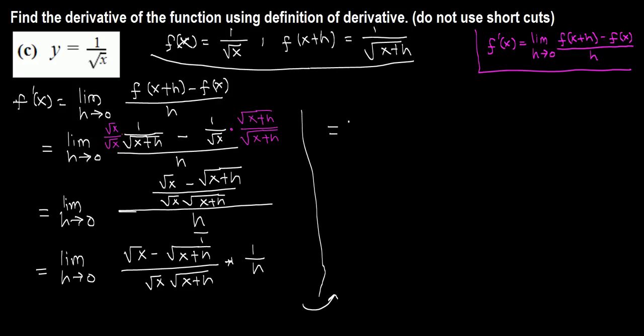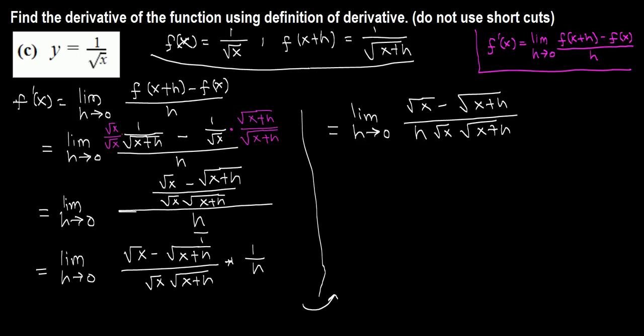Let me rewrite: the limit as h goes to 0 of square root of x minus square root of x plus h, over h times these two factors, so h times square root of x times square root of x plus h. Now we need to evaluate this limit.